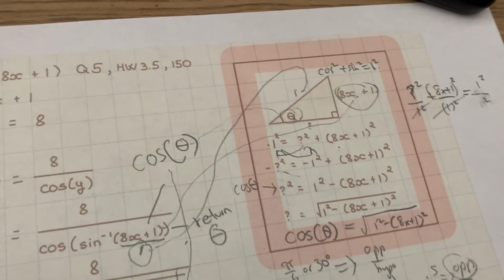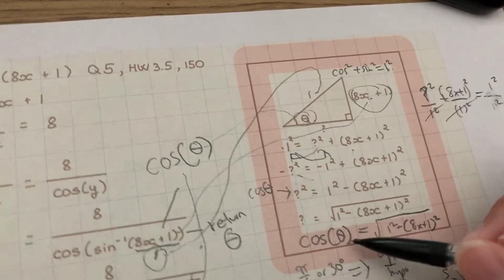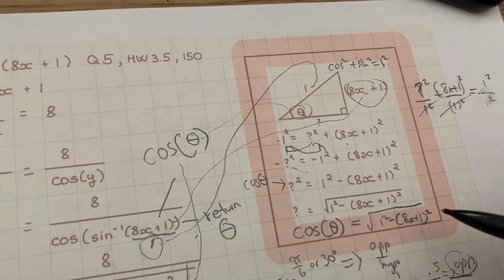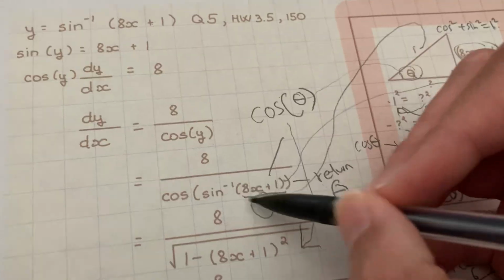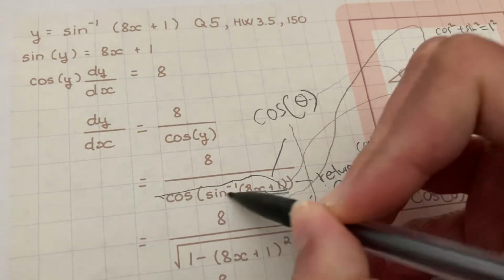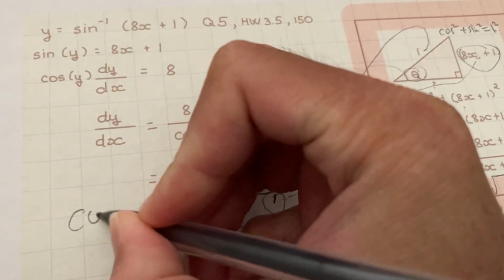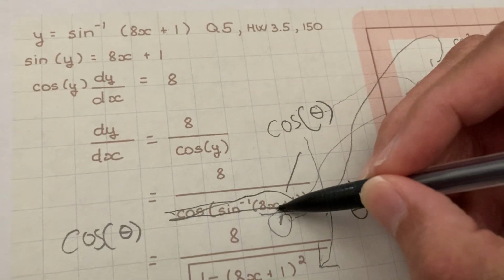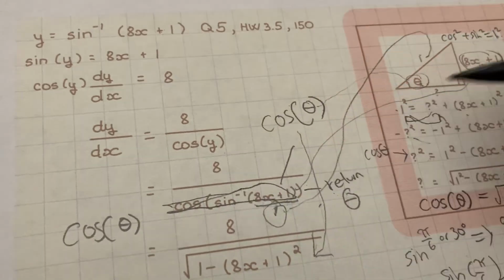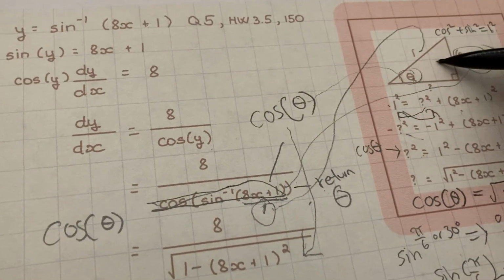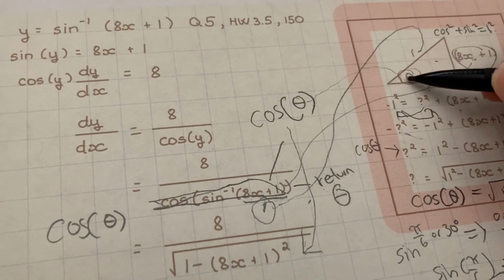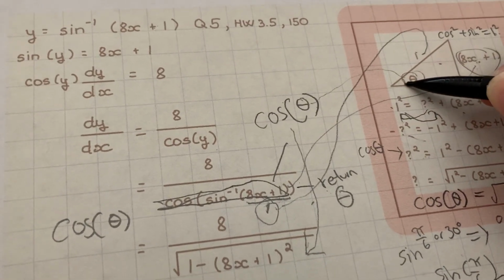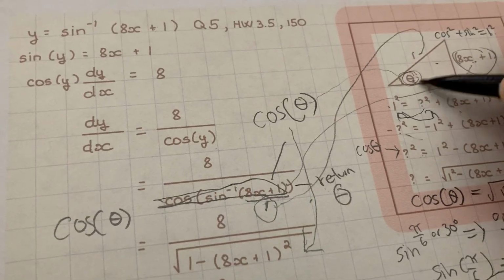Okay, and so because I know in this triangle cosine theta is equal to this stuff, and this whole thing gets turned into a cosine theta, because this is an inverse sine, we're going to use this triangle, and I'm going to give you the cosine theta of that triangle.